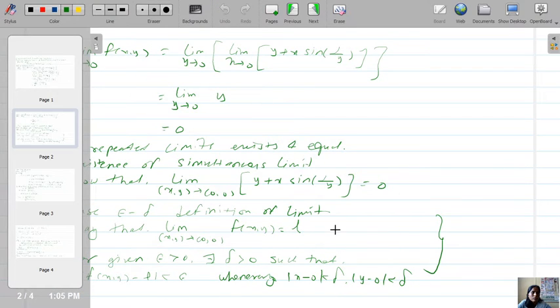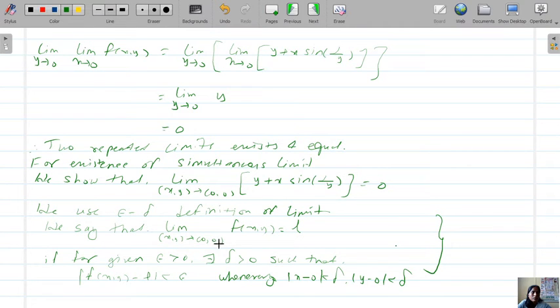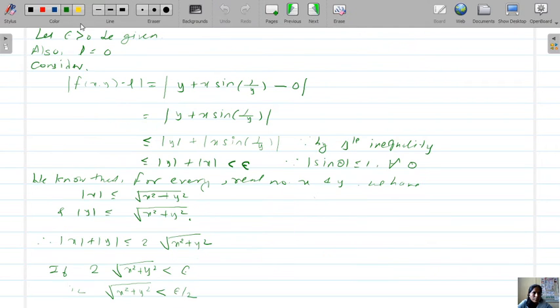So this is about the epsilon delta definition. So we have taken epsilon greater than 0, and the value of the limit L is your 0. You have to consider mod of f of xy minus L. Whatever f of xy is given, put it here, minus L which is given as 0. So simplify this, and you want this RHS term strictly less than epsilon. So use this criteria.